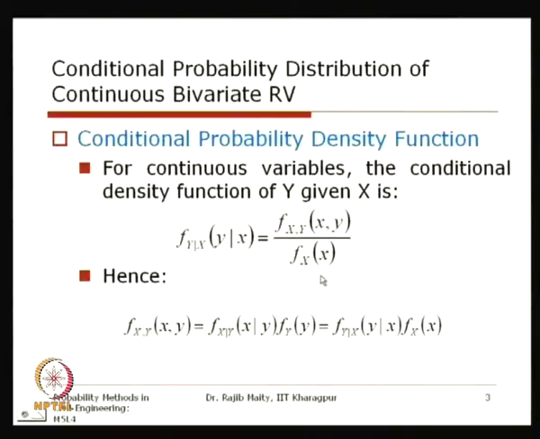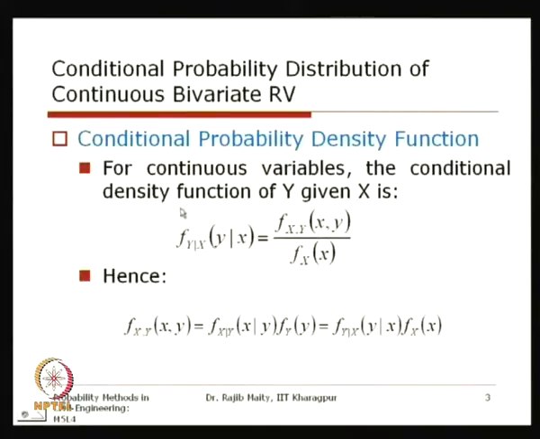In the last lecture we saw why this form is suitable. First of all, this conditional density is itself a probability density, so the properties that a common density function follows should be followed by this one also.